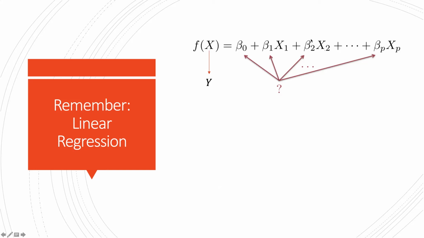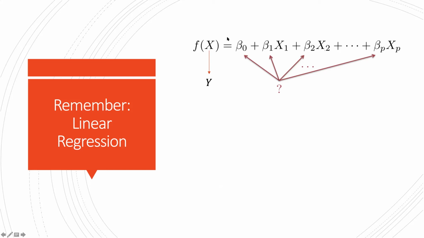And what was happening in linear regression is that we are trying to explain the relationship between y and x variables by using these guys. These guys are our parameters from beta 0 to beta p.